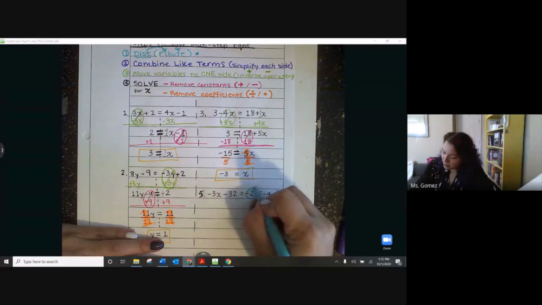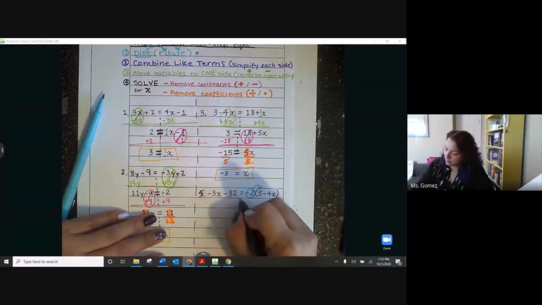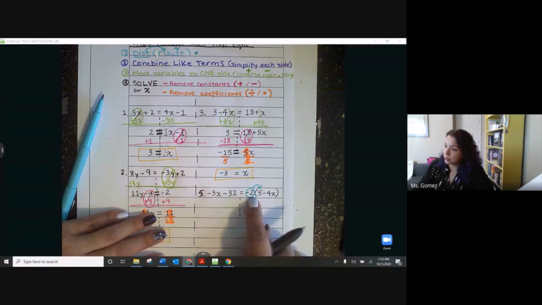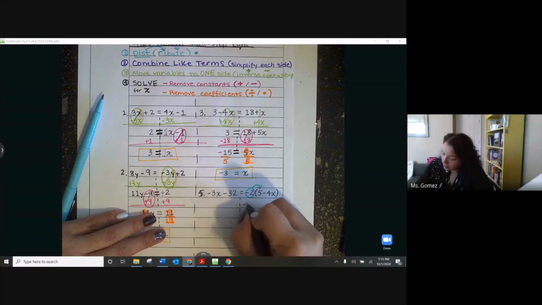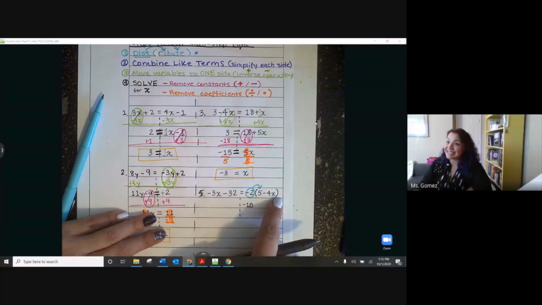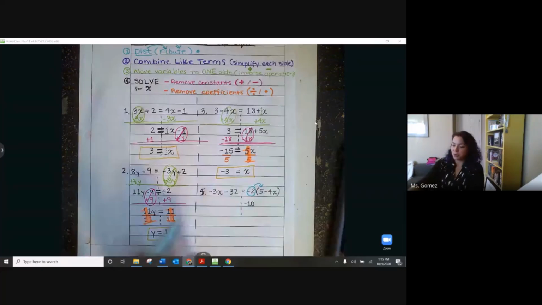Okay. So this negative 2 is going to distribute or multiply times what? 5. What does that give me? Negative 2 times 5? Negative 10. Negative 10. Thank you, Ian. Am I done distributing that negative 2 to all of my terms inside of the parentheses? No. What else do I need to distribute to?